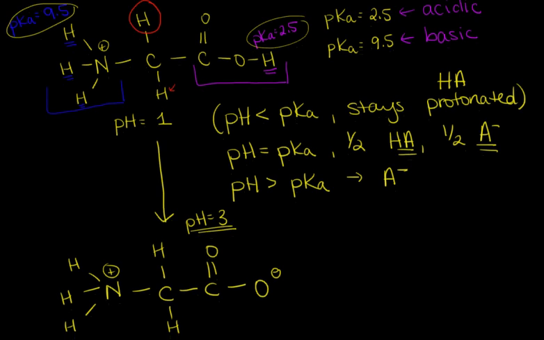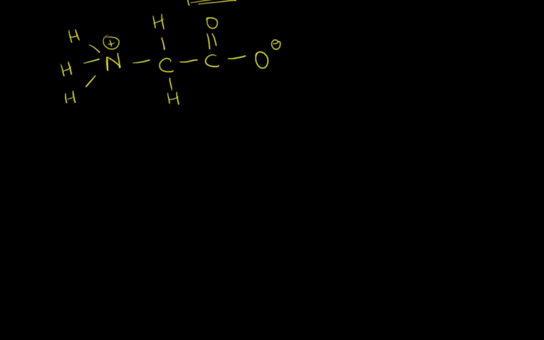So then, if we go on and do, say, pH 10. So this pH is greater than the pKa here. pKa here, remember, is 9.5. So now we'll lose this proton. So now the pH that we're looking at is greater than this pKa. We're going to have a deprotonated species.